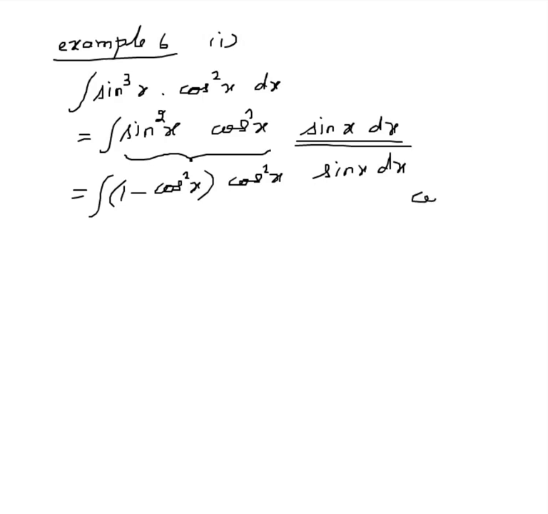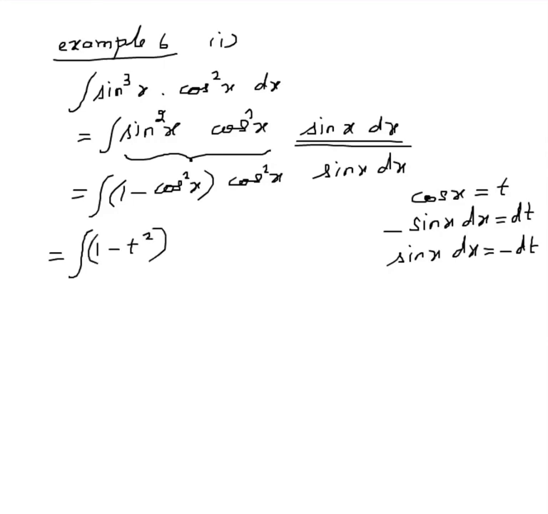Since we have sine x dx, let us substitute cos x as t. Differentiate both sides. And sine x dx becomes minus dt. Integral 1 minus t square into cos square is t square.